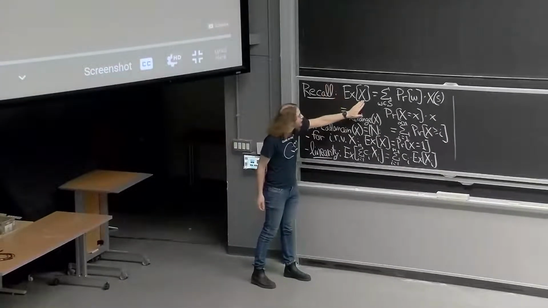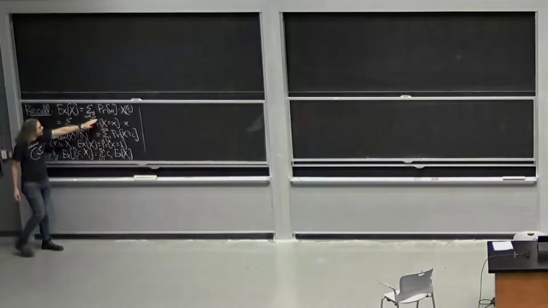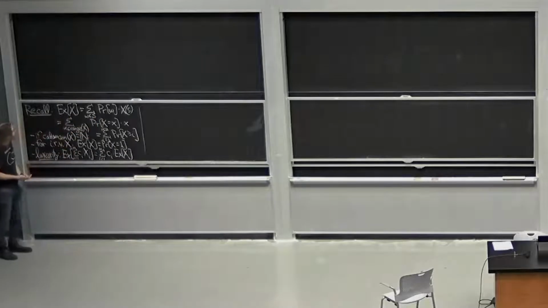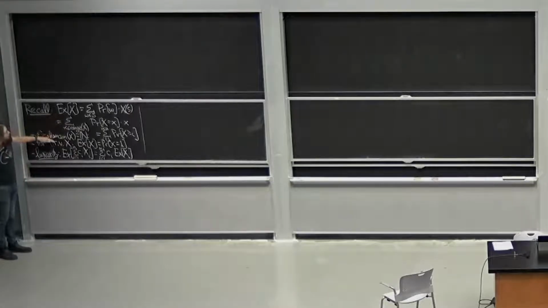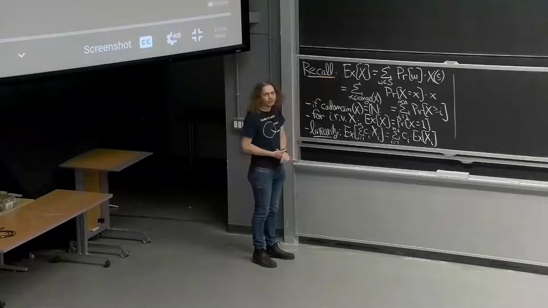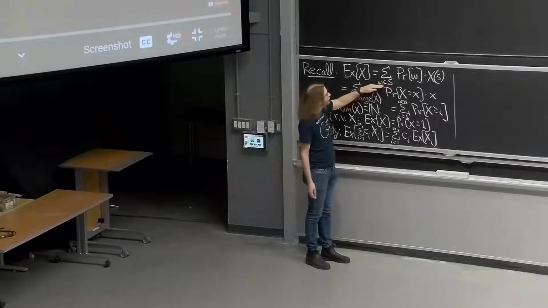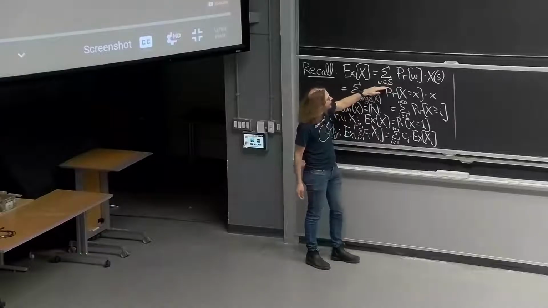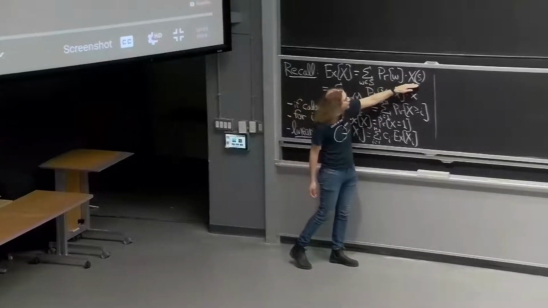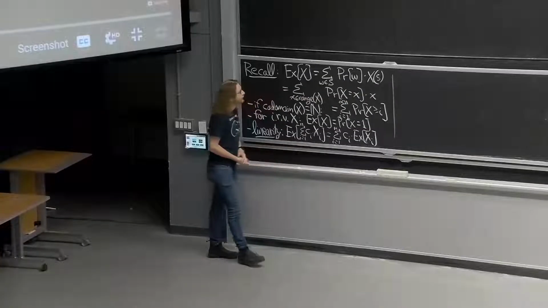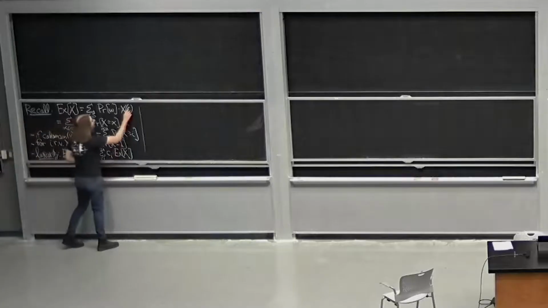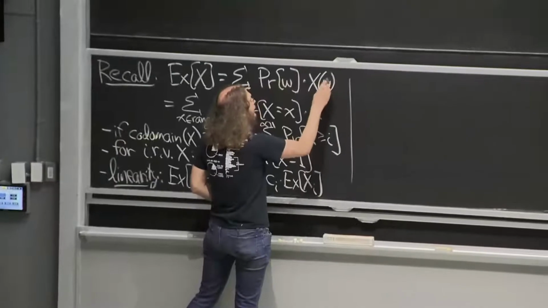For a random variable X over a sample space S, this is just a function from S to real numbers. We had three different formulas, at least, for expectation in different scenarios. The first one was the definition: sum over all outcomes omega, probability of the outcome times X evaluated at that outcome.